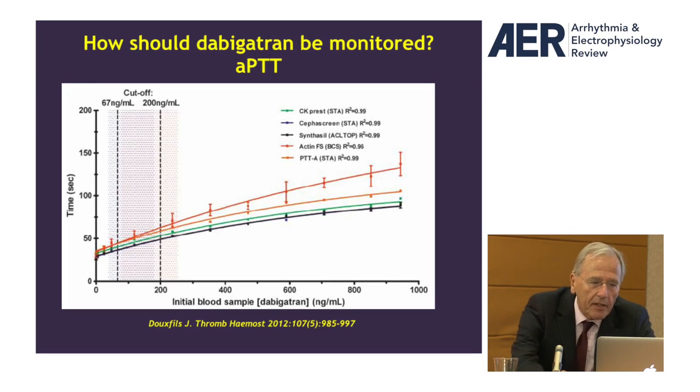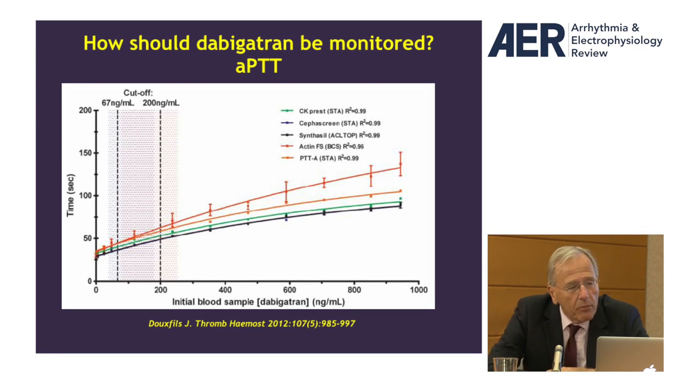Of course, dabigatran is the oldest one we know now, and since it blocks the activity of thrombin, APTT, the activated partial thromboplastin time, should be a valuable measurement. But if you look, for instance, at this study, you see that we at least have 5 assays for APTT.